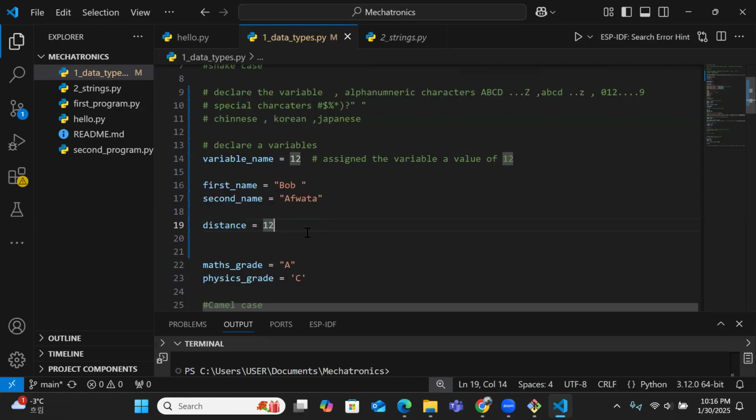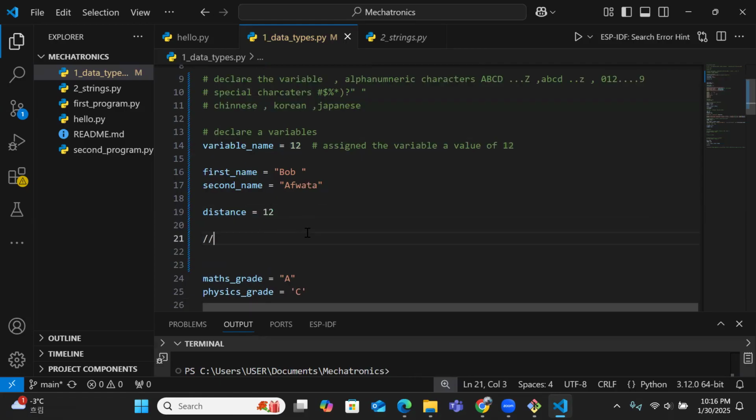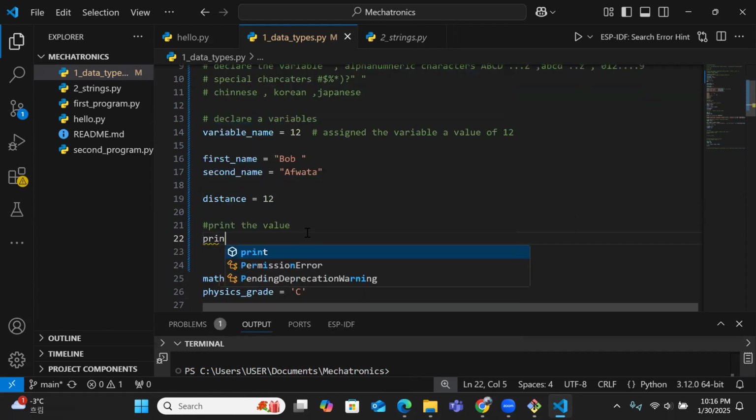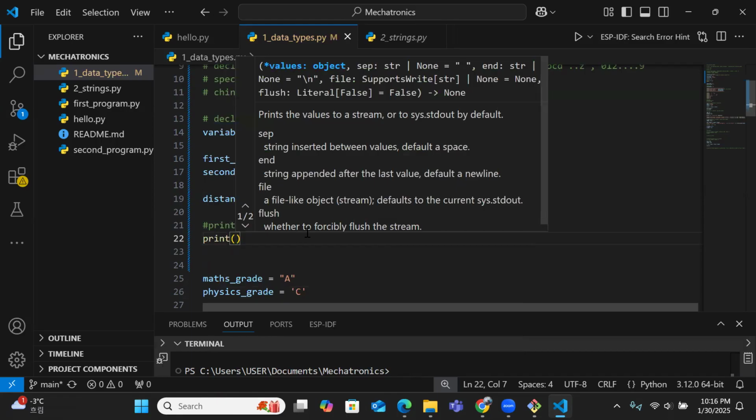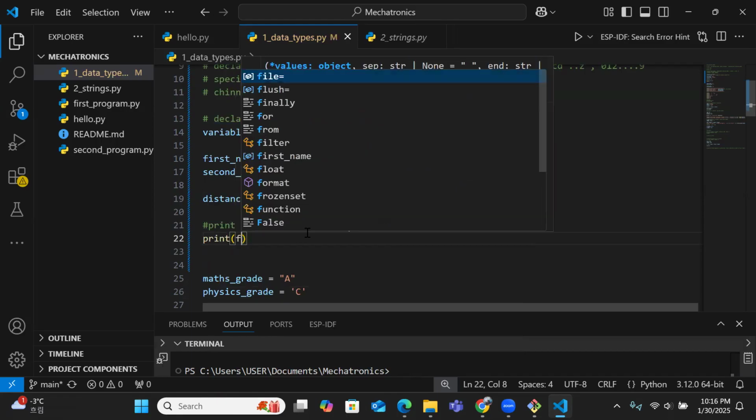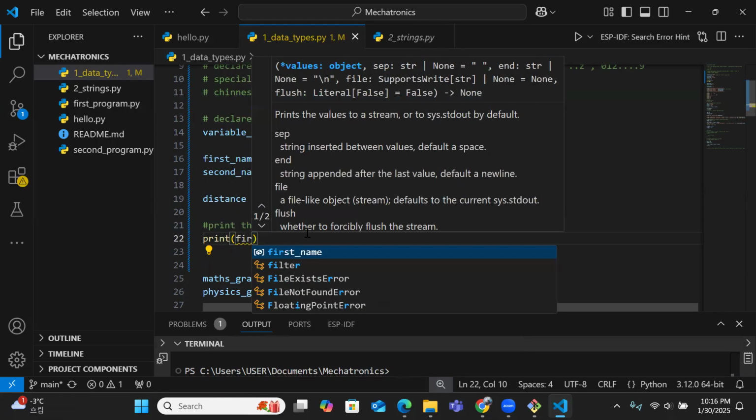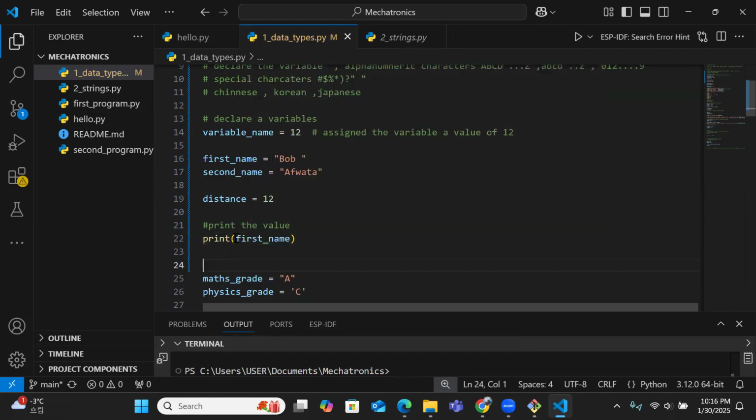Then when you come down here, you want to print the value. When you want to display the value, you now say print, then you say maybe first name, like that.